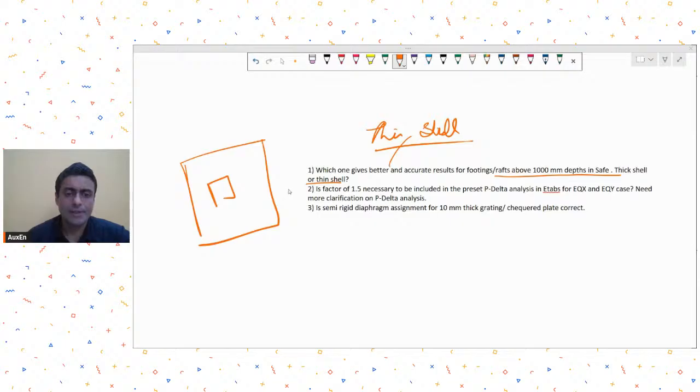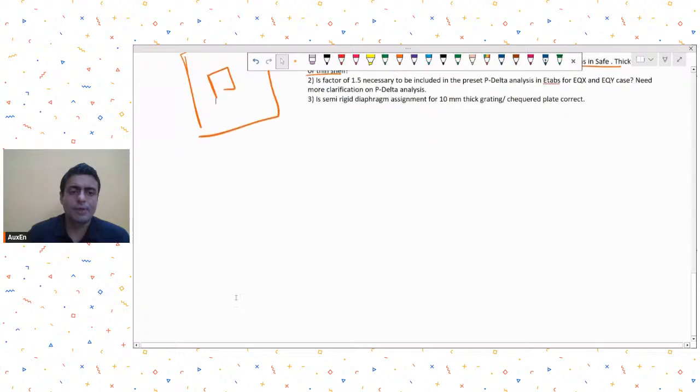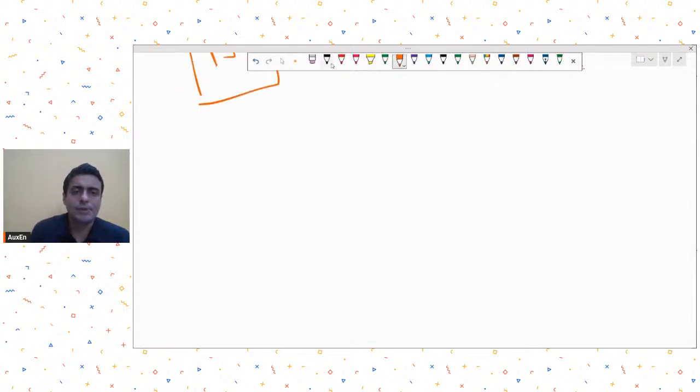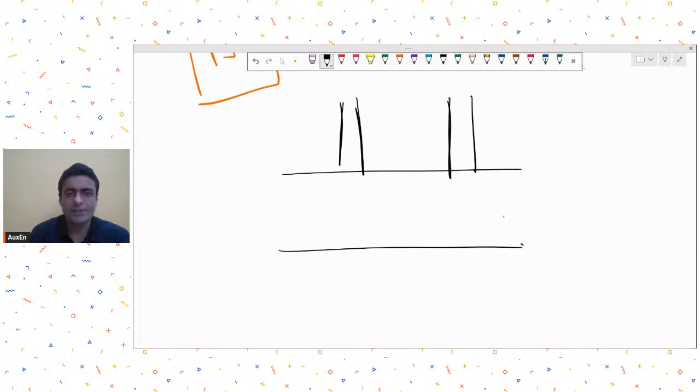So maybe for a small isolated footing you can check. But see, more than the thickness, it is also about the distance of supports. Let's say you had a case with very closely spaced columns and a thick raft. Now, if you give a thin shell element assignment, maybe the deep beam action or the strut action is not accounted so well.